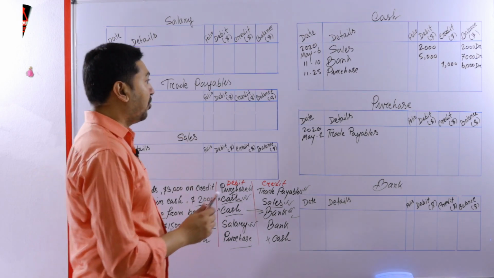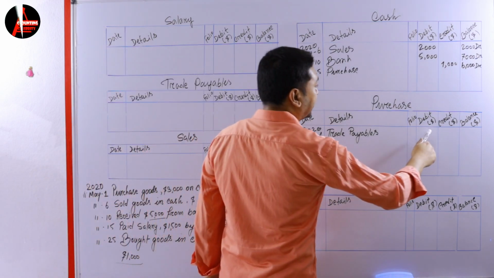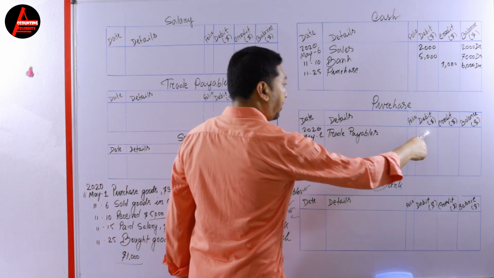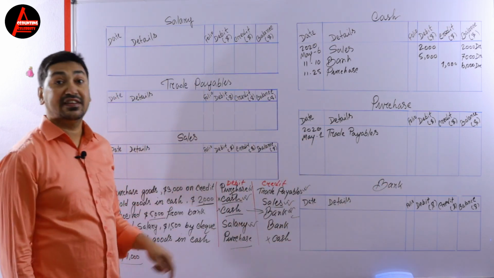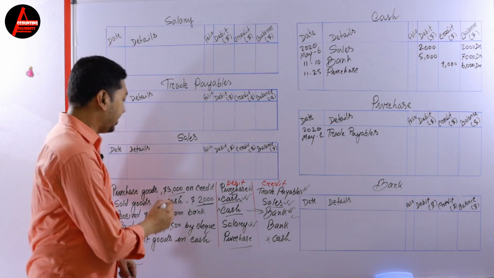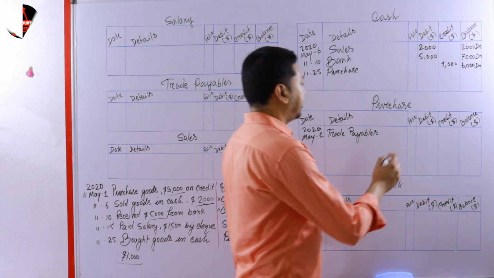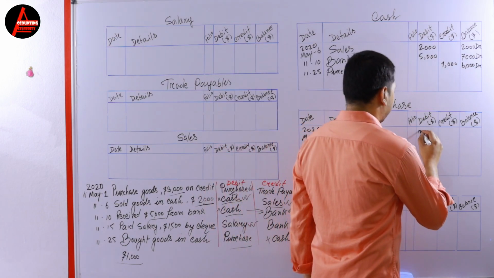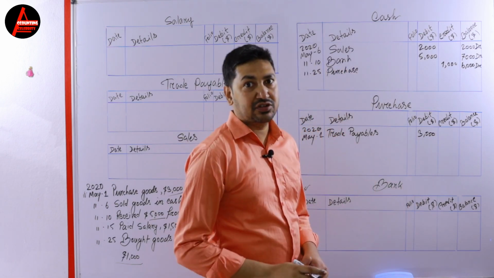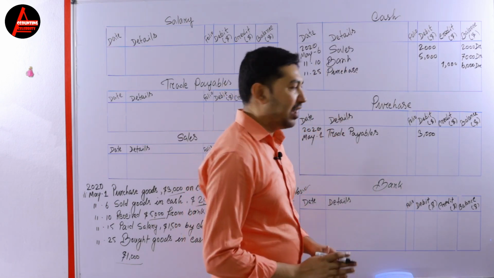So where to write amount, here or here? You need to write amount in the debit column. Why? Because purchase is here debit. So how much? It is $3,000. Very easy. So write here $3,000, and this same $3,000 will be your balance.